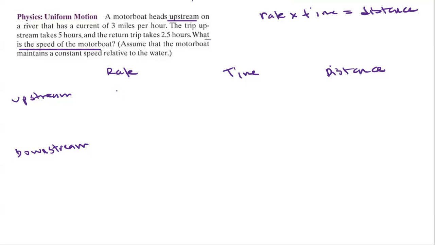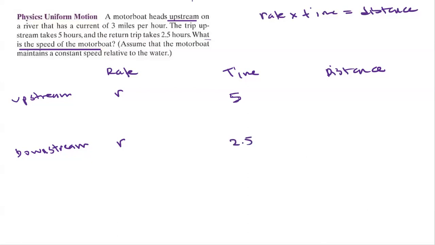So let's write that as lowercase r. Okay, what about the time? Do we know the time? How long did it take to go upstream? What does it say? 5 hours. Good. And then how about the return trip? How long did that take? 2.5. Good.